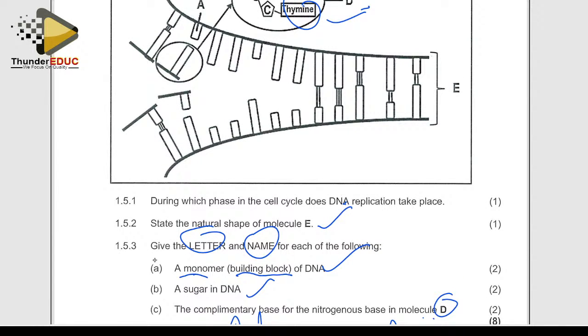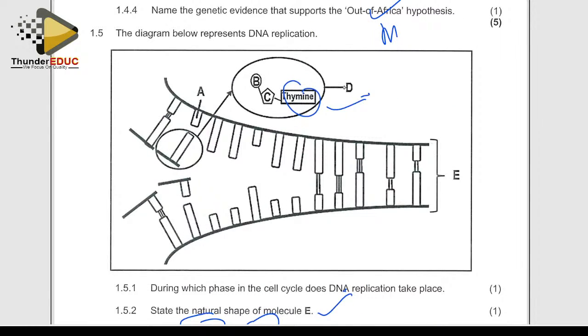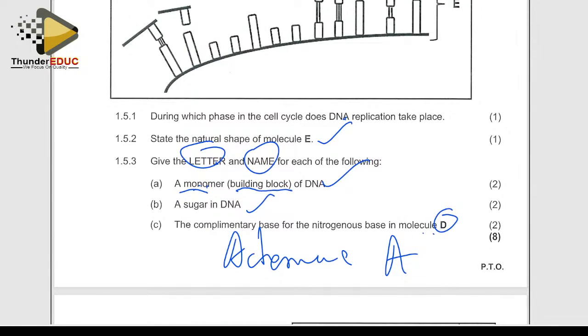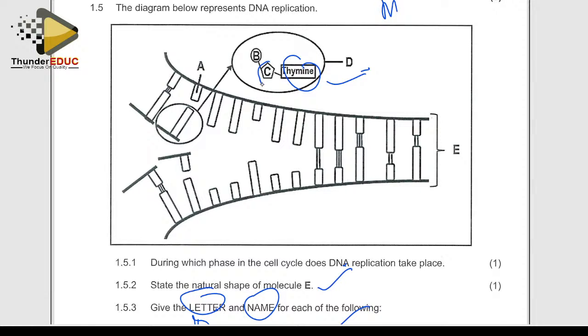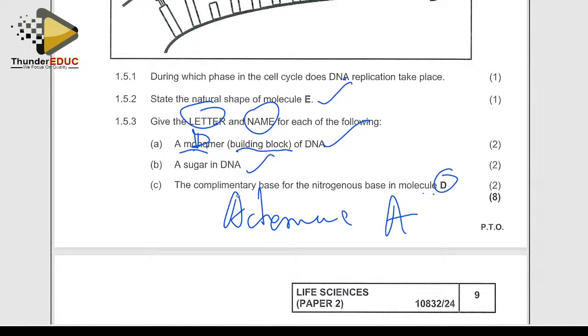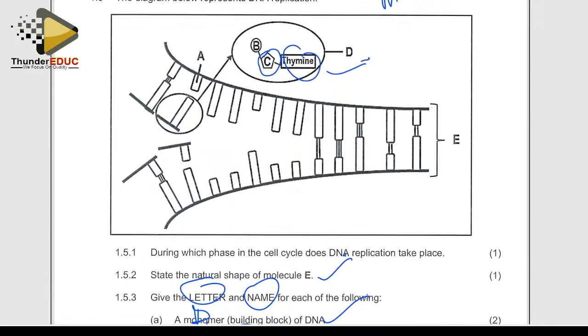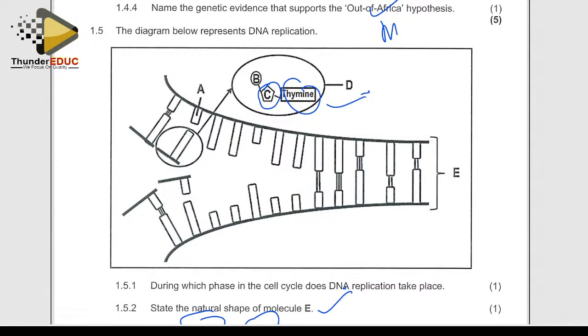They're saying that 1.53, it is letter... Monomer is D. So it is D, which is a nucleotide. And then the sugar of DNA, we said is deoxyribose sugar, which is C. And then the complementary base for the nitrogenous base found in D, which is adenine, and in this case it is A. They just said it.